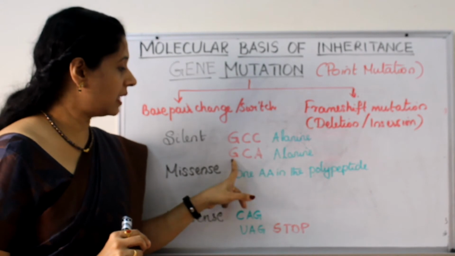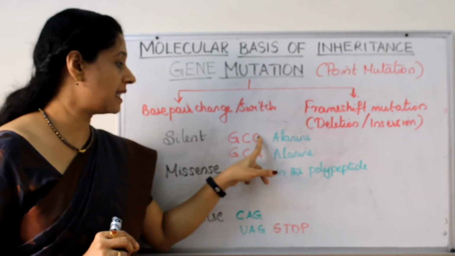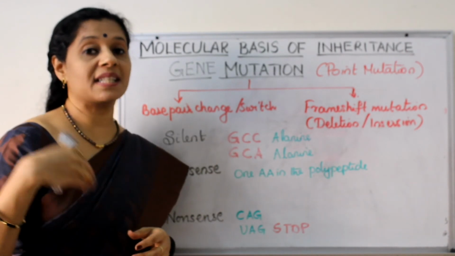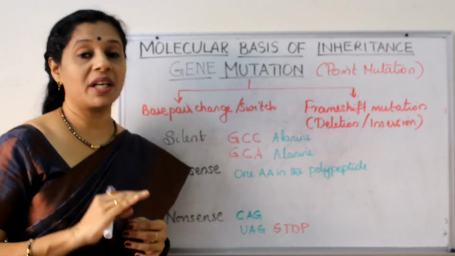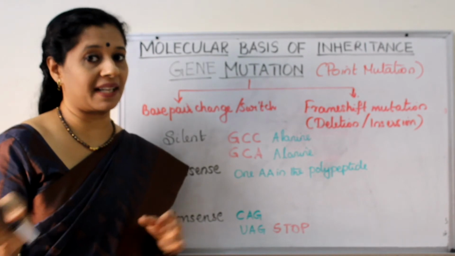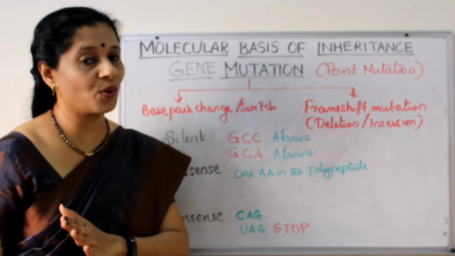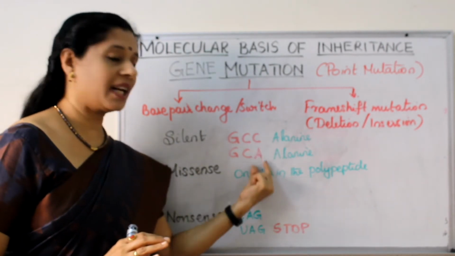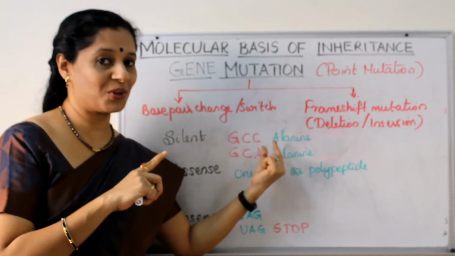But by mutation, it became GCA. The C became A, but it still codes for alanine. So is there any effect? No, the mutation is not causing any effect. Mutation happened, but there is no effect. That is called a silent mutation. Hope you can correlate this with the wobble hypothesis I taught you previously.